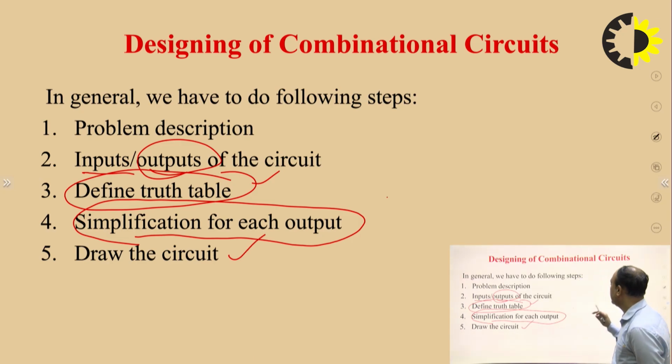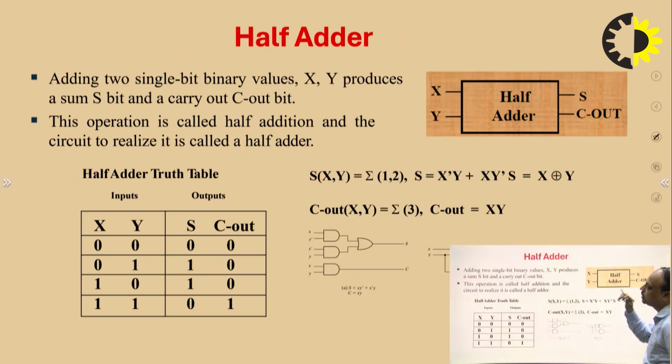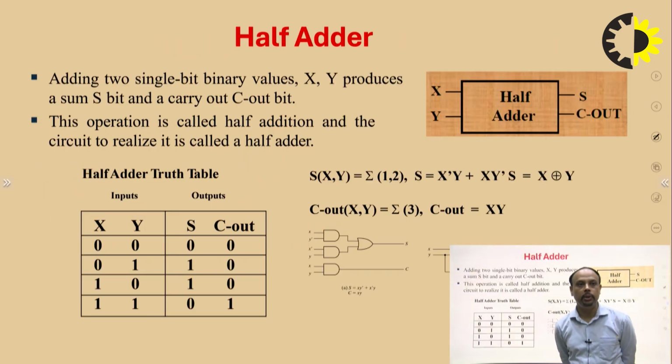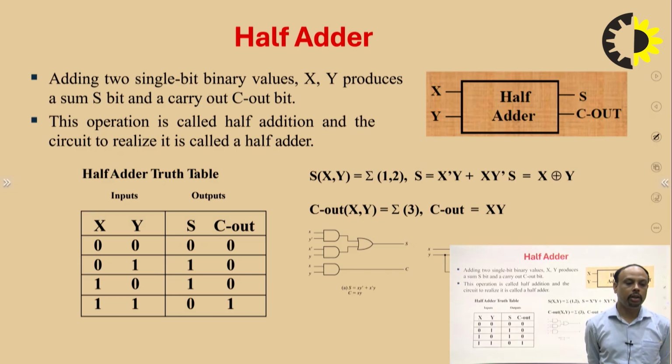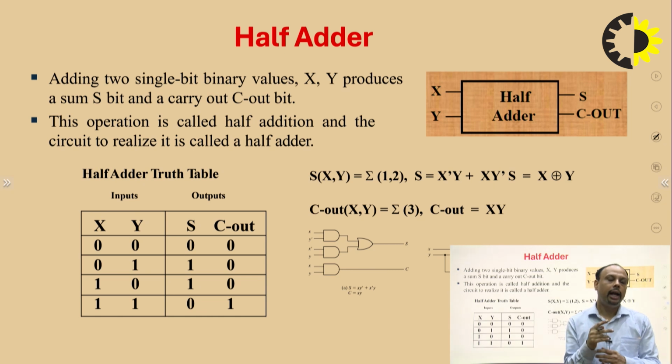If we take an example of one of the circuits, like the half adder, it is again a combinational circuit in which we have to add two 1-bit numbers and find the sum, and if there is any carry, we have to find the carry.